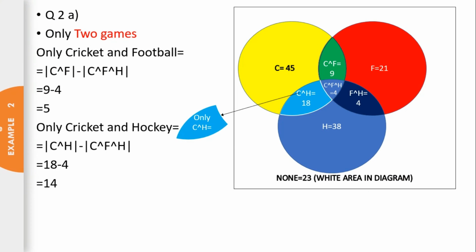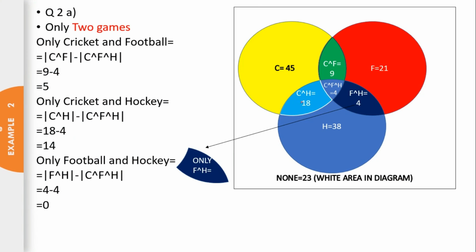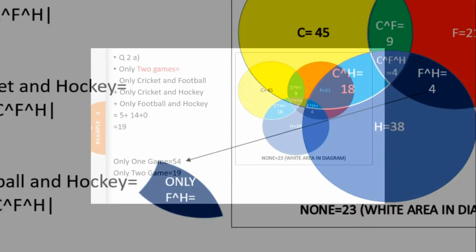In the same way if we go for calculation of the other part, we will get that there are only 14 sportsmen which are just playing cricket and hockey. In the same way go for calculation of this portion: F intersection H minus C intersection F intersection H will give you this portion value, and that will be 4 minus 4, which means there are 0 sportsmen playing football and hockey only.